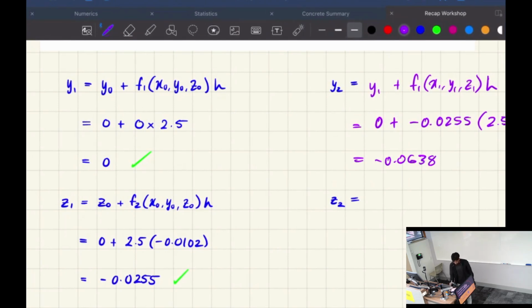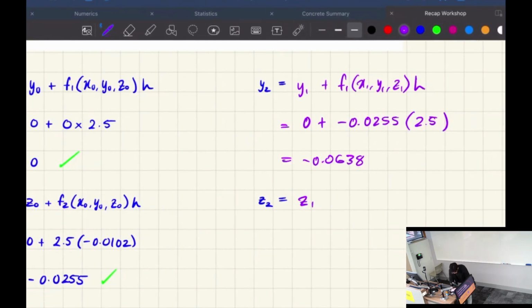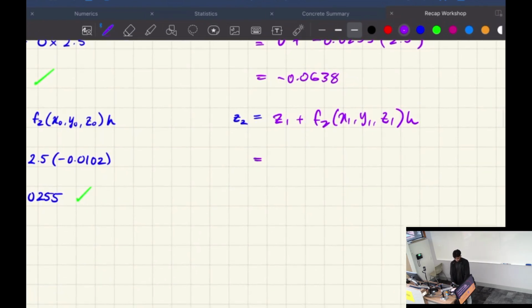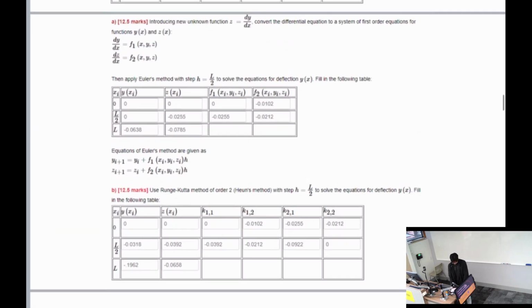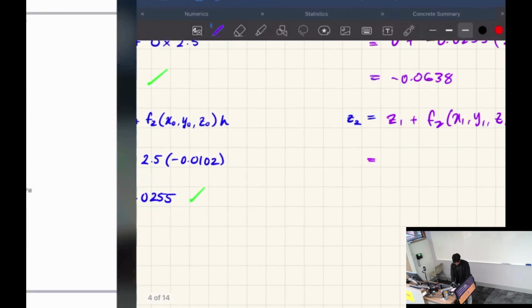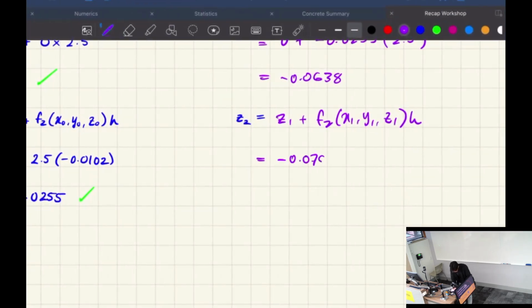Then for z, you get z1 plus f of 2 this time, at x1, y1, z1 times h. So this one, after doing it in my head, I get negative 0.0785. Cool?